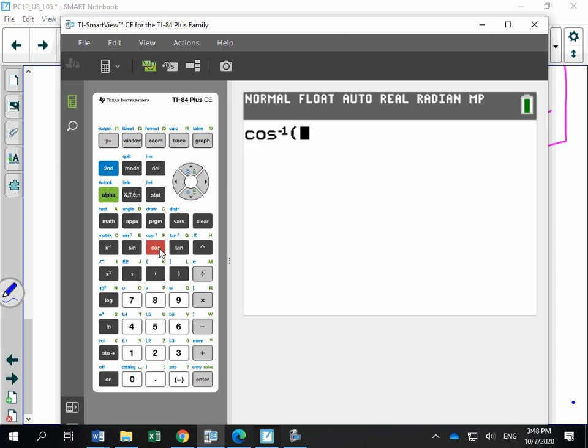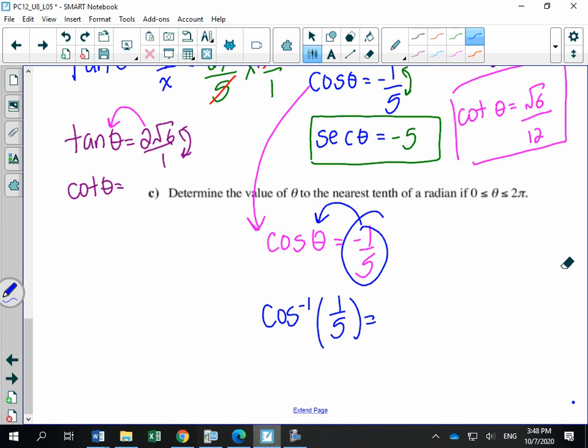Second function cos of 1 divided by 5 gives me an answer of 1 point, let's see, they say to the nearest tenth. So I'm going to actually write a few decimals and we'll round at the end. 1.369, I'm going to write. And remember that when we do this, that always gives us our reference angle.